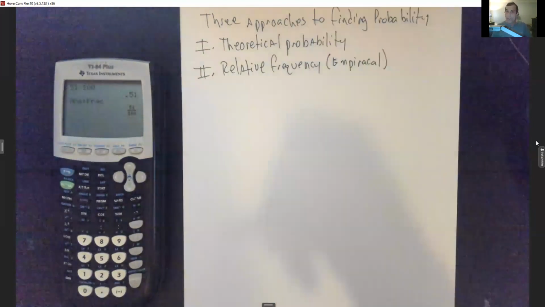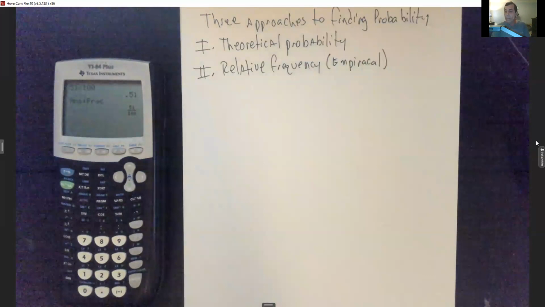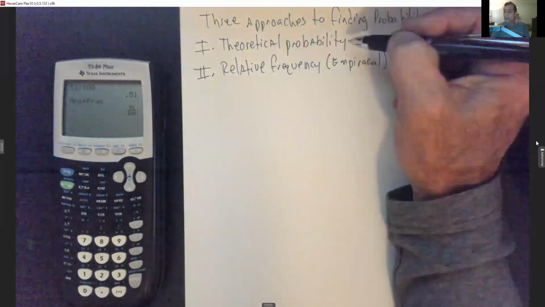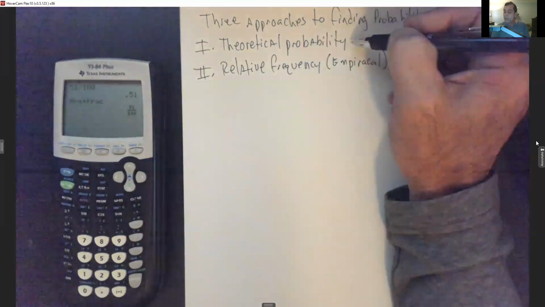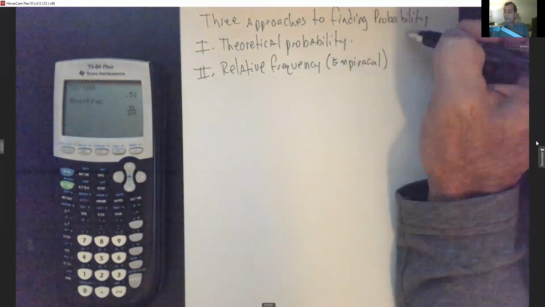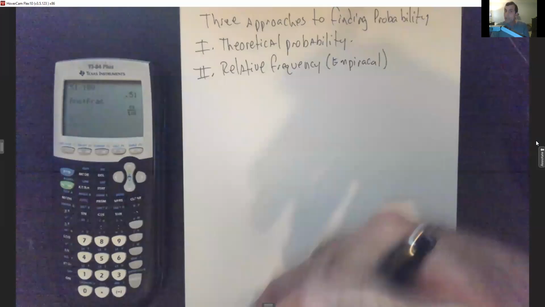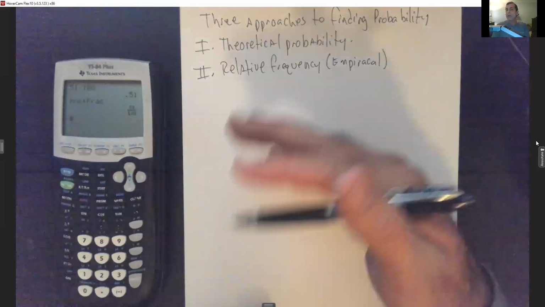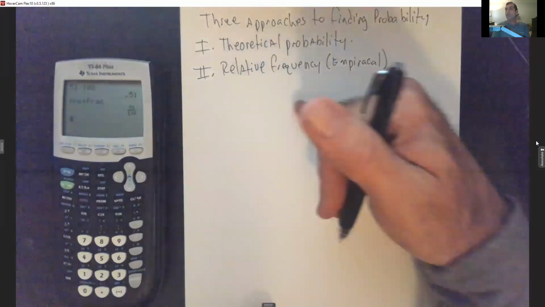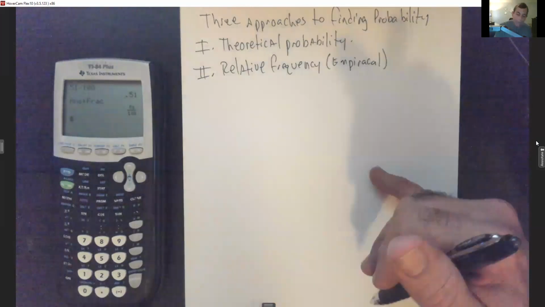You flipped a coin, okay? So here's the probability. When it's theoretical, you're looking at the outcomes on paper and figuring out all the possible outcomes. Relative frequency, you're actually doing it, and then you're comparing your outcomes with the total outcomes.